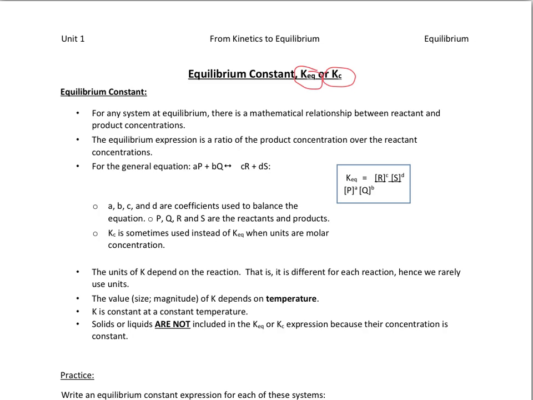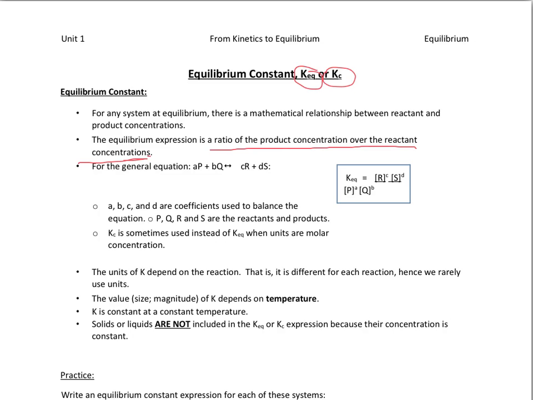For any system at equilibrium, there is a mathematical relationship between the reactant and product concentrations. This mathematical representation can be expressed as the ratio of the product concentration or concentrations over the reactant concentration or concentrations.